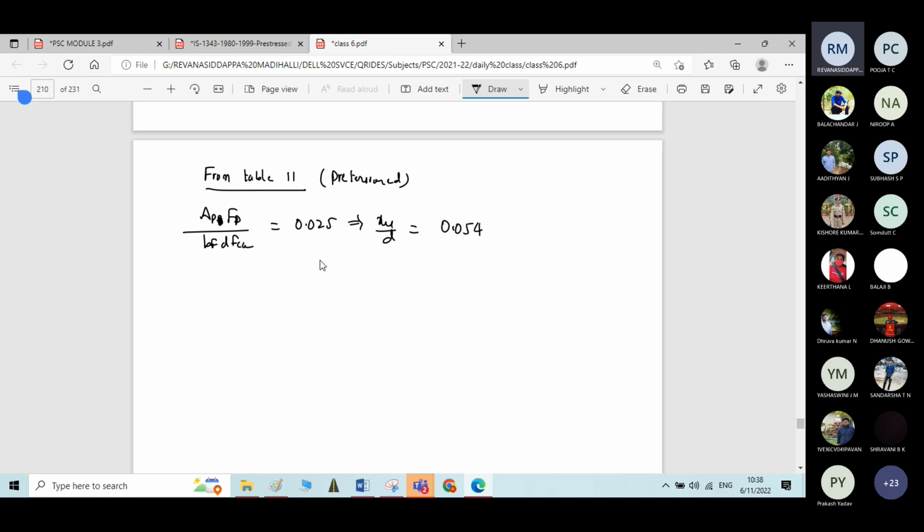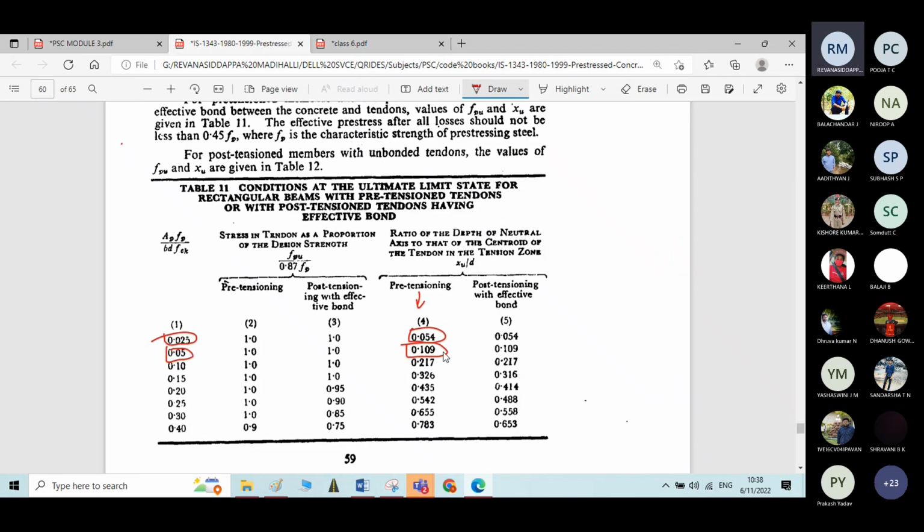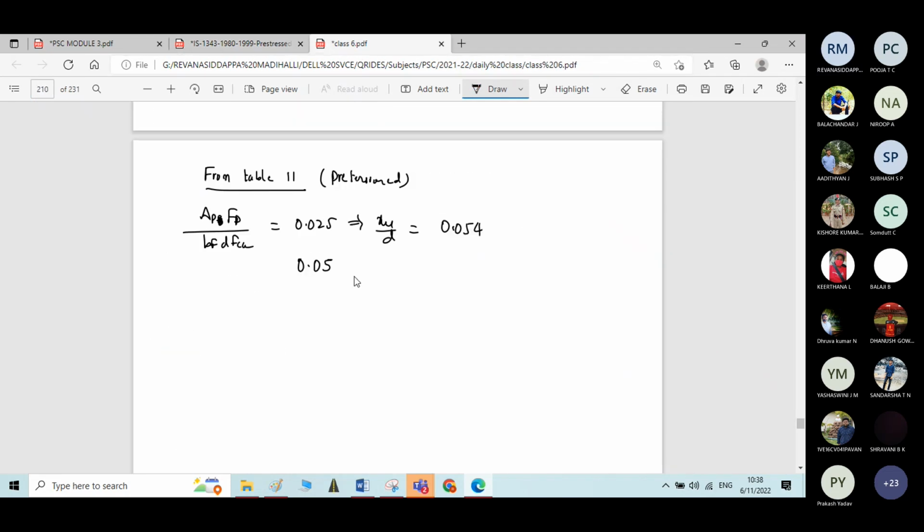When the value is 0.05, the corresponding XU by D is equal to 0.109.